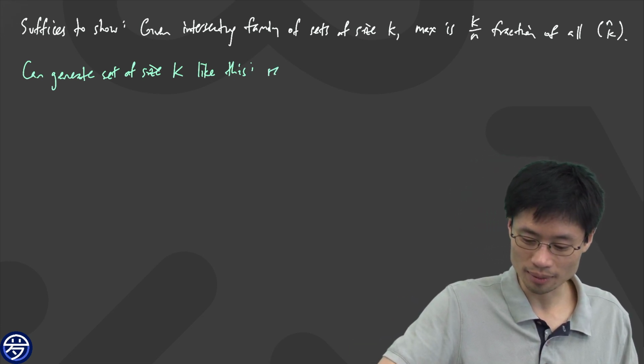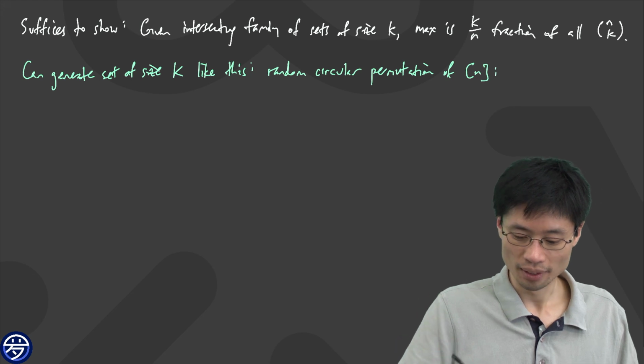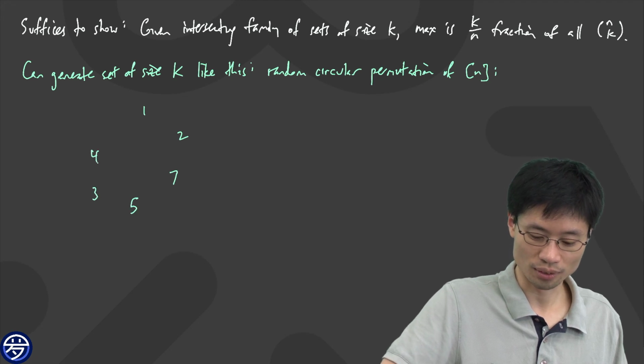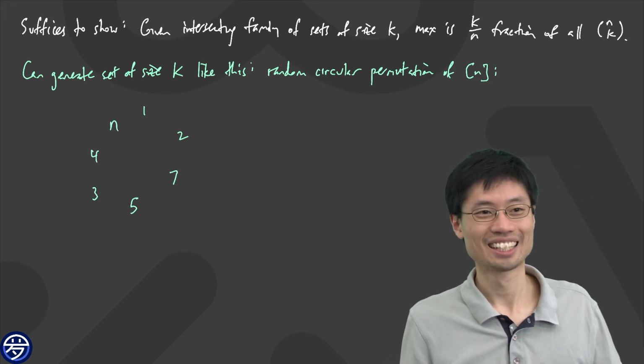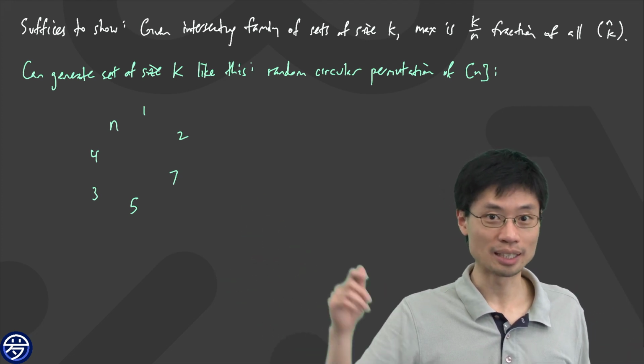You take a random circular permutation of the numbers from 1 to n. It will look something like 1, 2, 7, 5, 3, 4, n. I didn't write all the numbers here, but it's just some random permutation.